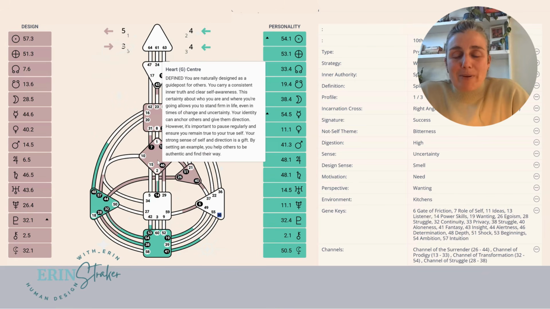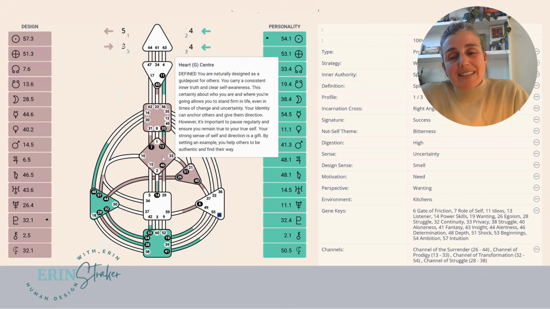Then we're going to go up to our heart center. In some aspects it's a G center, but it's a heart center and it's got a few aspects to it. Now, the fire element within traditional Chinese medicine actually has four meridians.